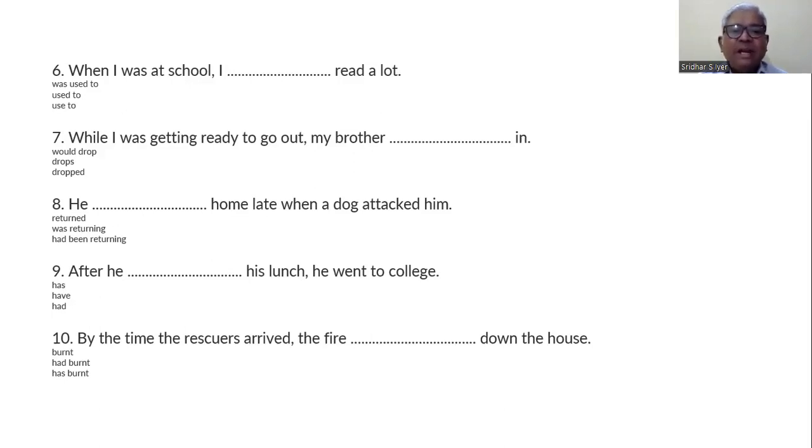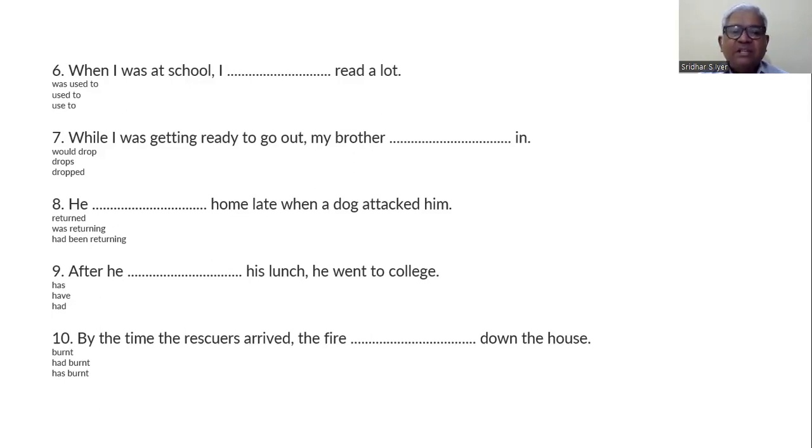He dash home late when a dog attacked him. He returned home late when a dog attacked him. He was returning home late when a dog attacked him. He had been returning home late when a dog attacked him. So he was returning home late when a dog attacked him is the right answer.